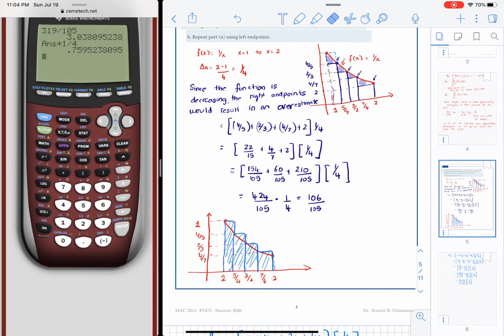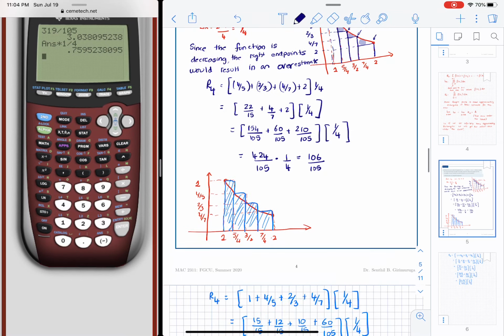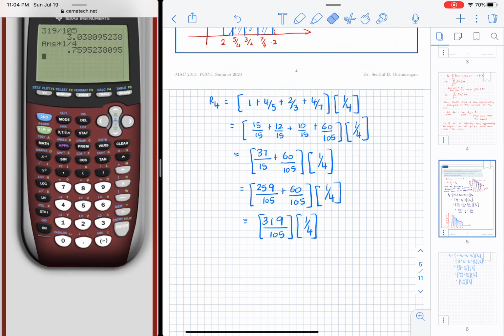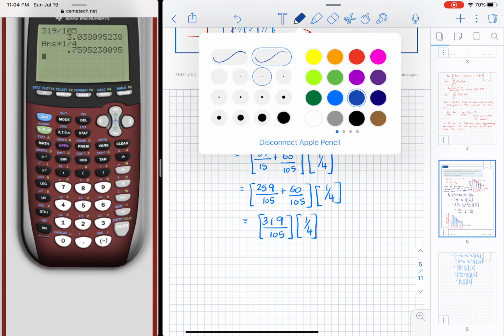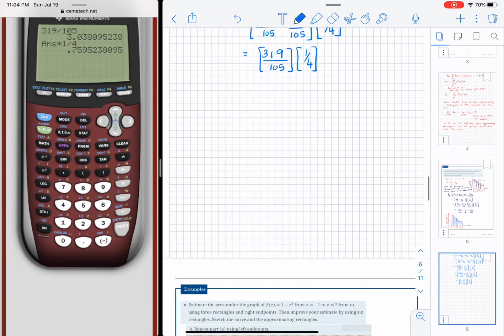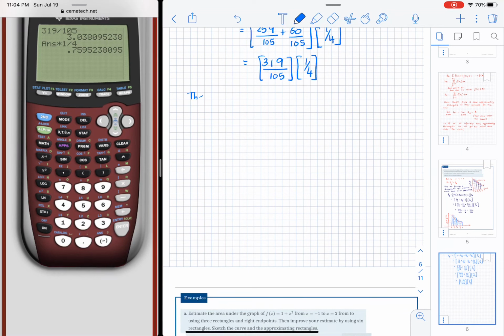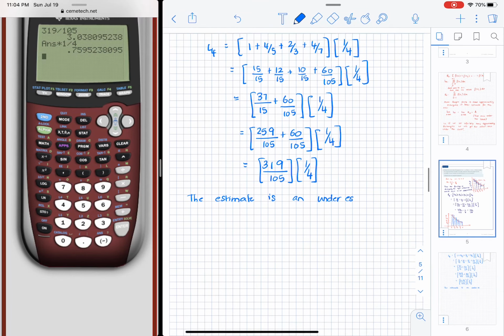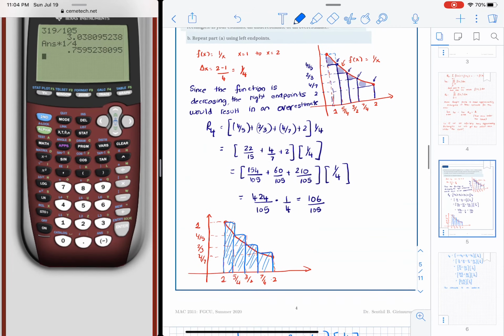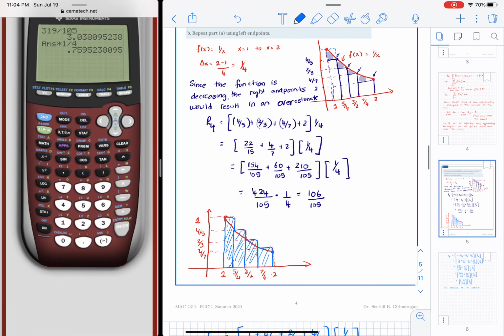So I'll call that R4, and this would be L4. And it reverses here because the function is decreasing. So we've got to be careful, and oftentimes still something doesn't add up.